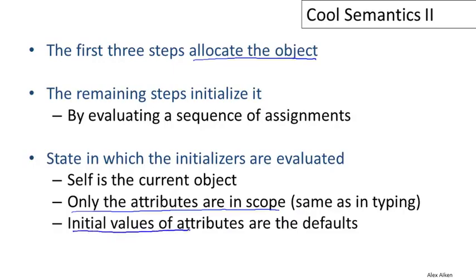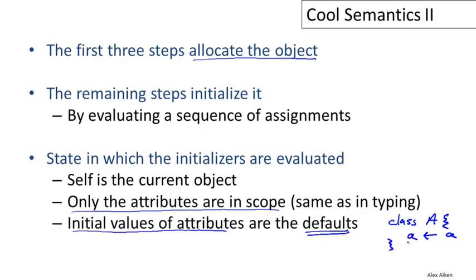And the initial values of the attributes are the default values. And we need the defaults precisely because the attributes are in scope inside their own initializers. So it's perfectly reasonable and cool to have an initializer, let's say like this, and I'm going to leave out all the types here just to save time.